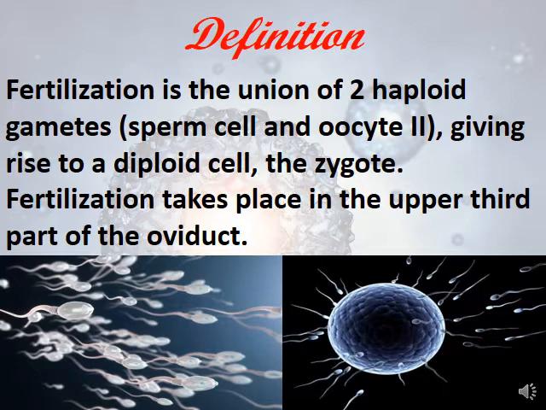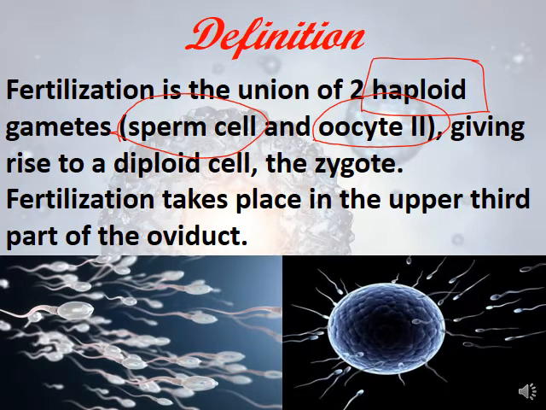So as a definition, fertilization is when the sperm meets with the ovum, the egg cell, which is now called oocyte 2. So you have to use this term, oocyte 2. It's the union of the sperm cell from the male with the oocyte 2 from the female. These two are haploid, giving rise to a diploid cell, which is the zygote.